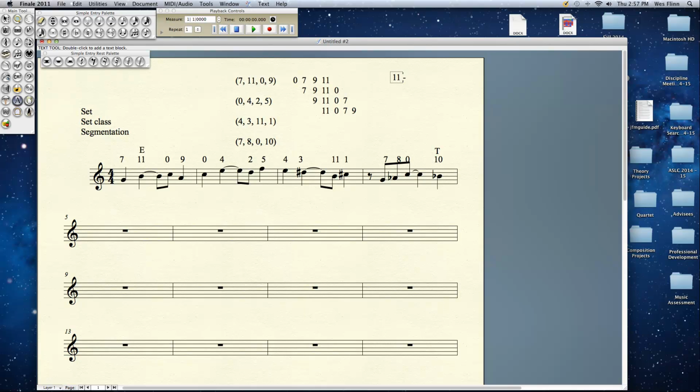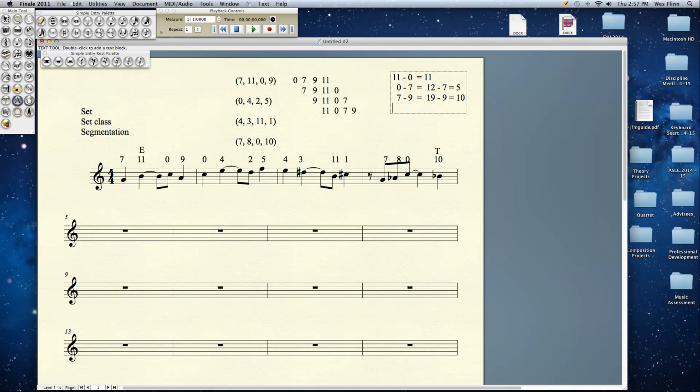To get the distance for the first one, 11 minus 0 equals 11. In the case of the second one, 0 minus 7 equals 12 minus 7 equals 5. In the case of the third one, 7 minus 9 equals, under modulo 12, add 12 to the first number, 19 minus 9.